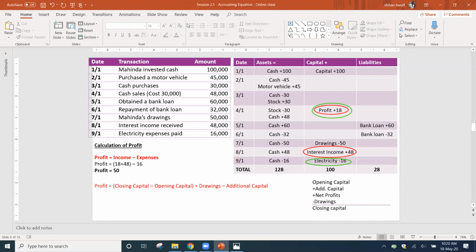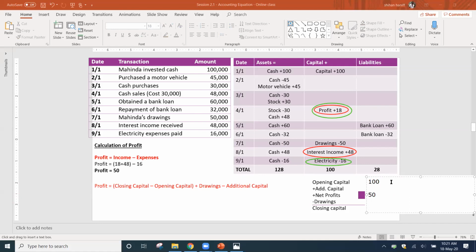So if you don't know the profit, we take the profit out of this equation. Assume, I'm taking a simple example, our opening capital is 100 and the net profit is 50.